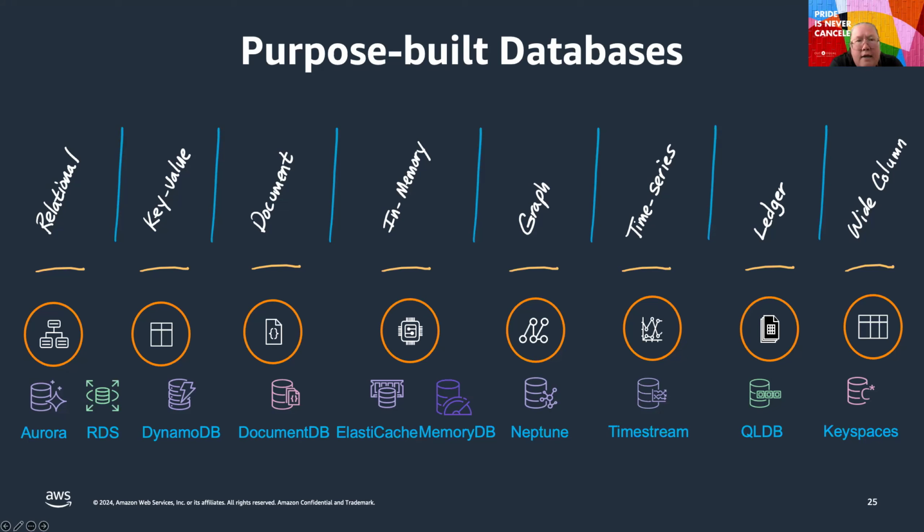And even in the relational category, you have a lot of options for how to build that on AWS, and we will go through the main options. One of the main options we will talk about is RDS, as you can see on the slide underneath relational. And you have Amazon Aurora, which is a very Amazon-specific way of approaching relational databases.